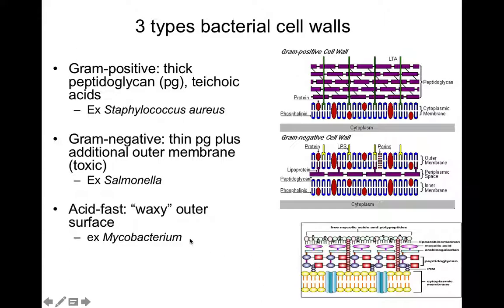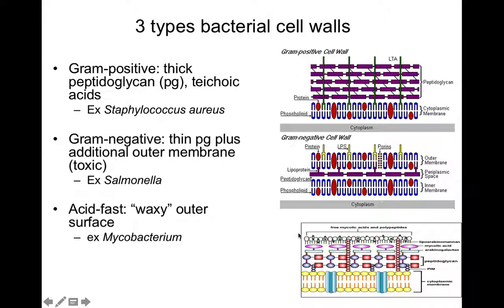Now, the consequence of this waxy cell wall is that you have to choose your antibiotics very carefully. Your patient has to be on antibiotics to treat, say, Hansen's disease or tuberculosis for months, maybe years, because the antibiotics diffuse slowly through the cell wall.